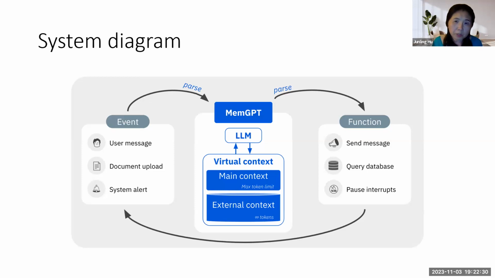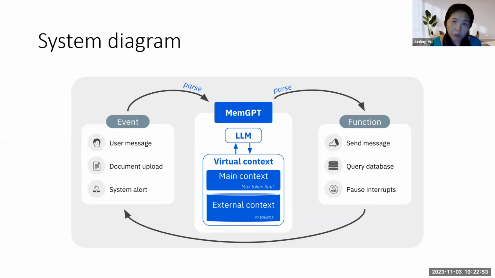Now the input data is no longer just words or instructions. The input data could be an event, a trigger. Those triggers are part of the tokens coming into the language model. Then the output is not only the words to speak back, not only a response.